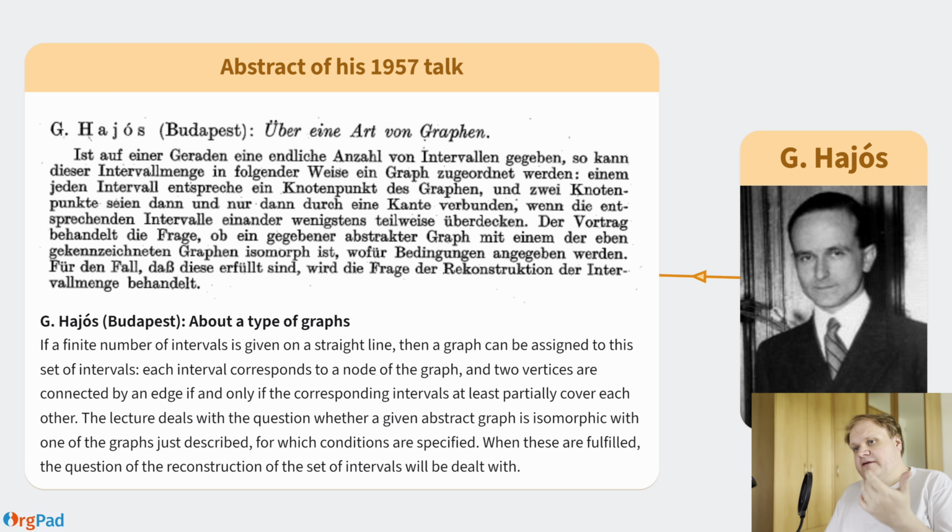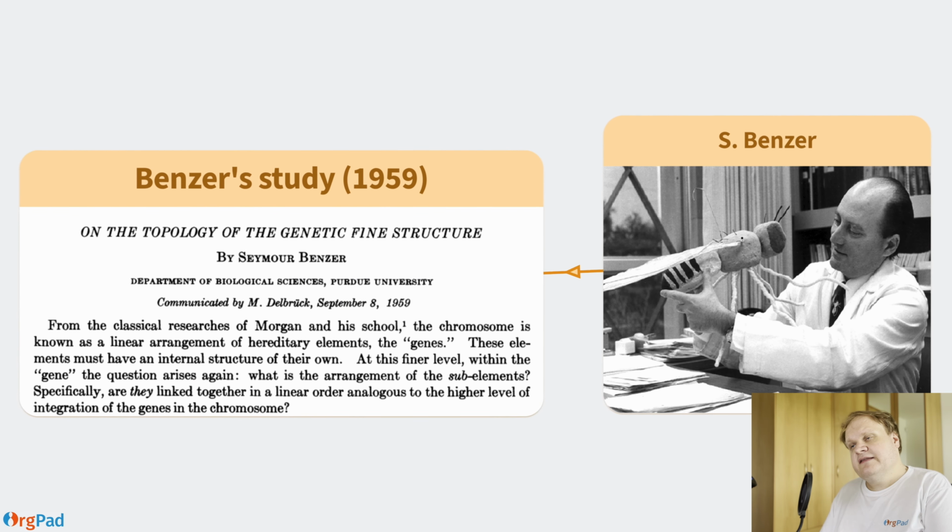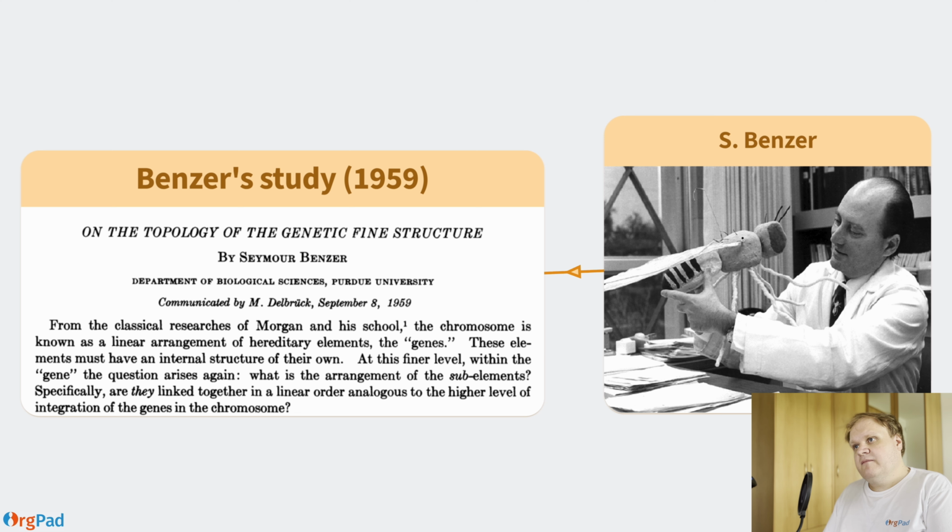Interval graphs were independently discovered by Benzer 2 years later in his beautiful study from 1959. Benzer was originally a physicist, but he got interested in biology, and nowadays he is considered one of the founders of evolutionary genetics.